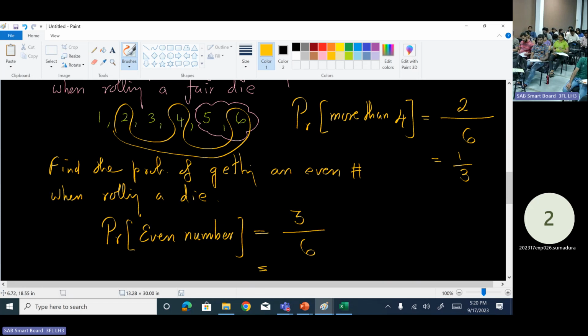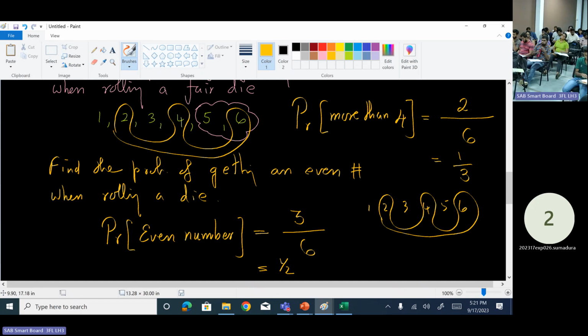This can be further simplified. It will be 1 over 2, the maximum simplified version. There are 6 possibilities: 1, 2, 3, 4, 5, 6. We are interested in an even number, so 2, 4, 6.